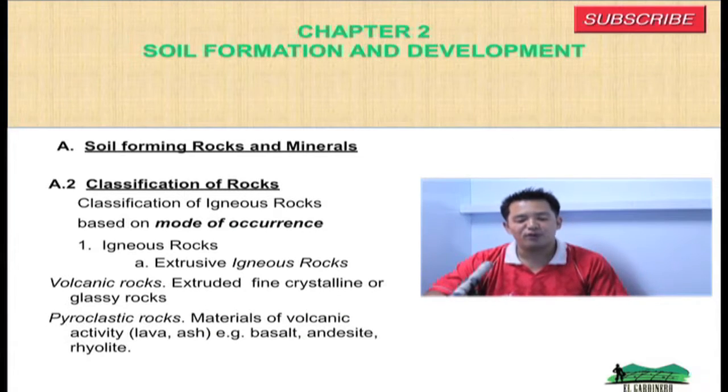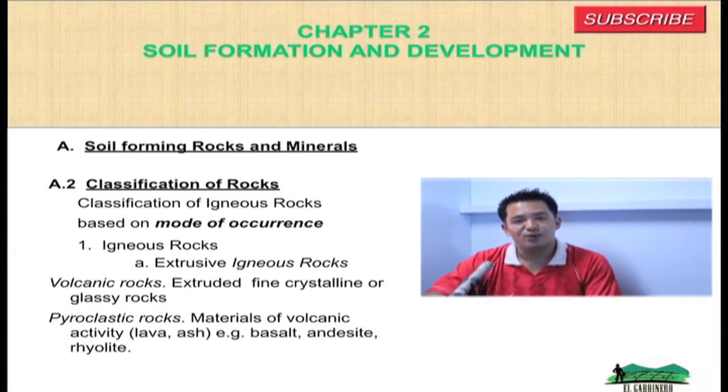What are the examples of an extrusive igneous rock? So basically, these are volcanic rocks. They are extruded, fine crystalline or glassy rocks.